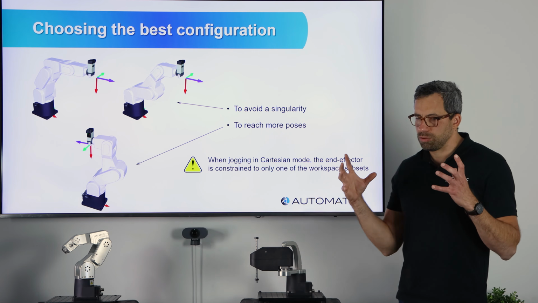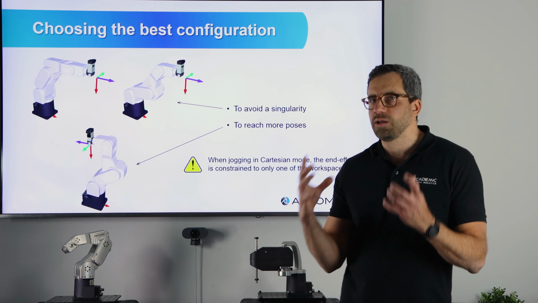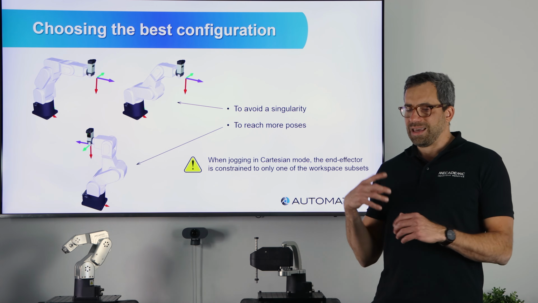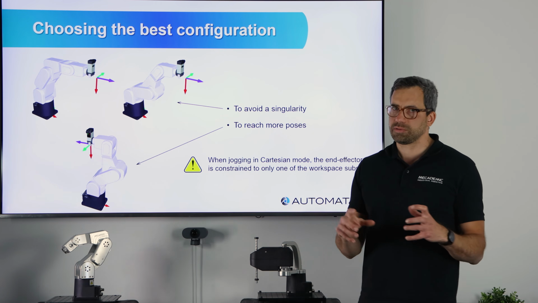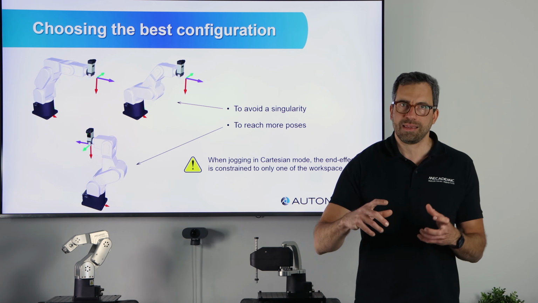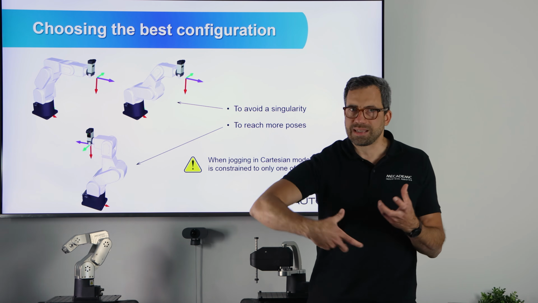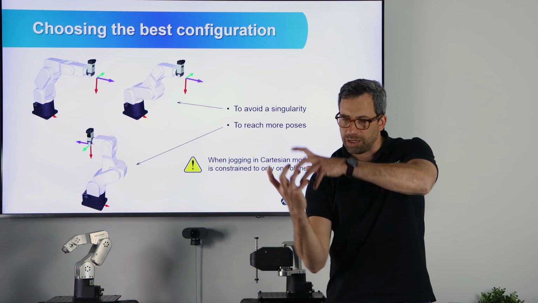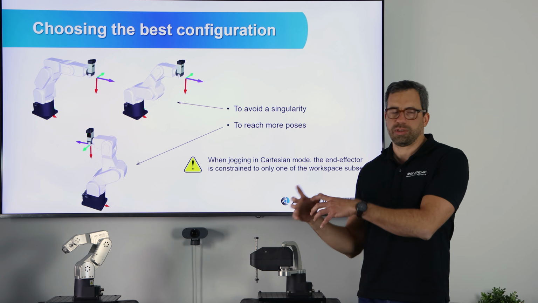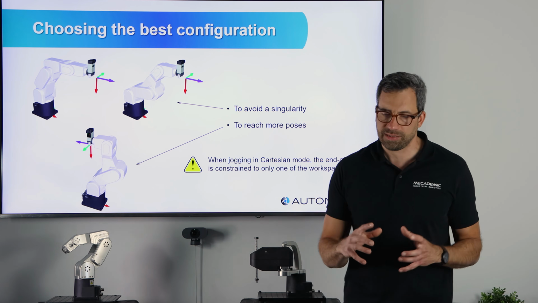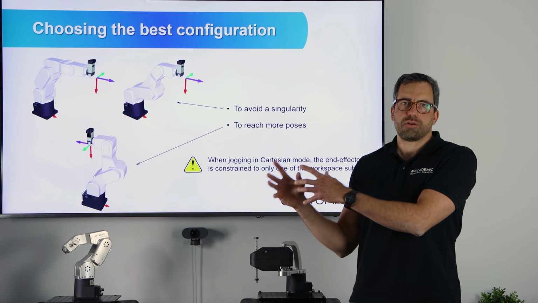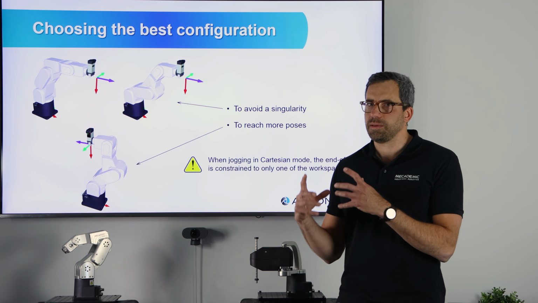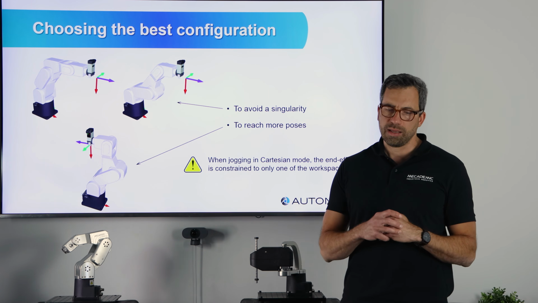So again, that's what I don't like about hand guiding. We have collaborative robots in my lab at ETS, and I don't like students to use the collaborative hand guiding mode, because when you're hand guiding, you can change everything, but it's kind of a puzzle. You need to know how to do it. The best way, in the case of ABB, because we use ABB robots at ETS, is to use RobotStudio, the robot simulation software.